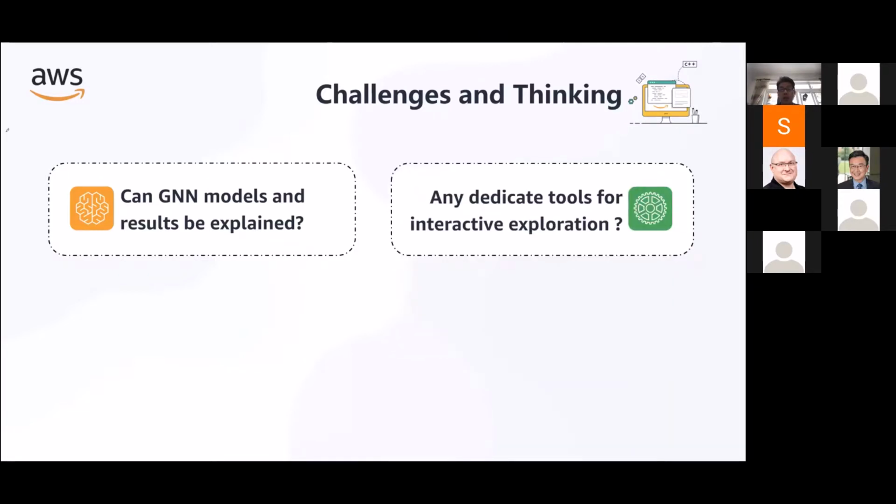Just like I said, for real-world data, to explain the result of a GNN model, it may take a lot of time for the researcher or people to interactively work with the result and explore them to generate the final hypothesis about why some pattern may help to explain the result. So currently there are no dedicated tools to do that work.